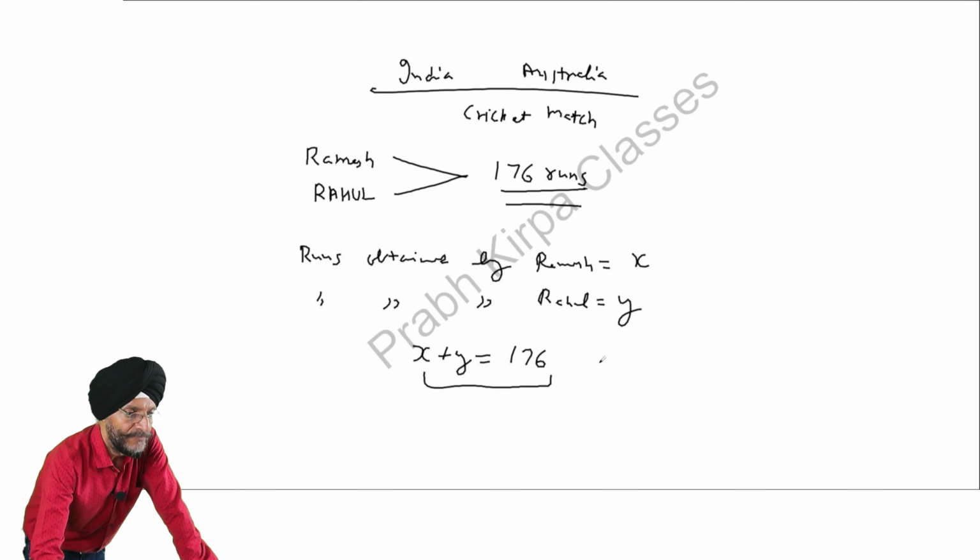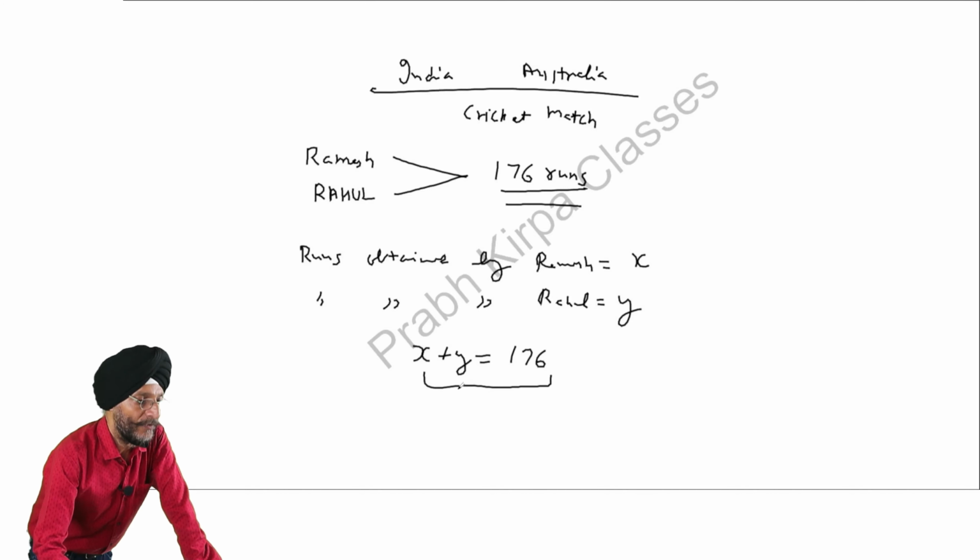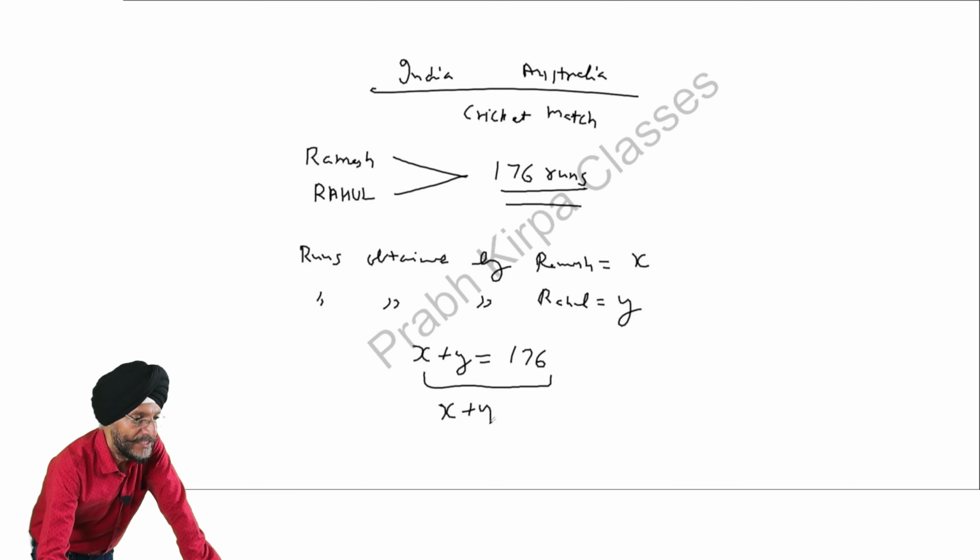So this is the linear equation in two variables. We can also write it as x plus y minus 176 is equal to 0.